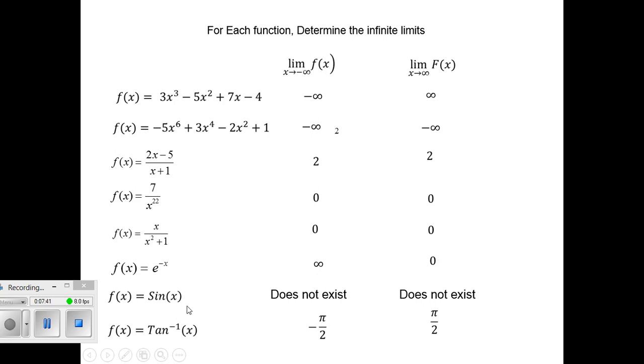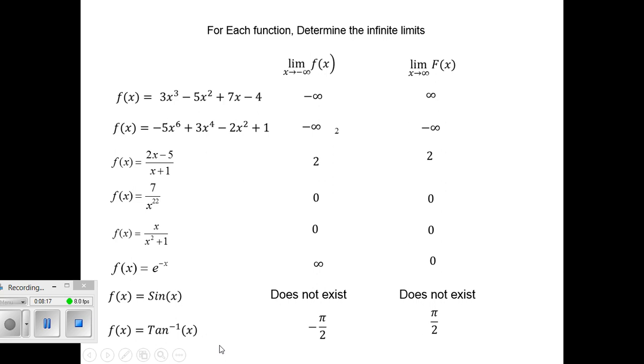Sine of x is always oscillating between 1 and negative 1, forever and ever. It is never settling in on any value, has no asymptote, it's continually oscillating. There is no limit as x approaches infinity or negative infinity; it's never settling in on any definitive value.